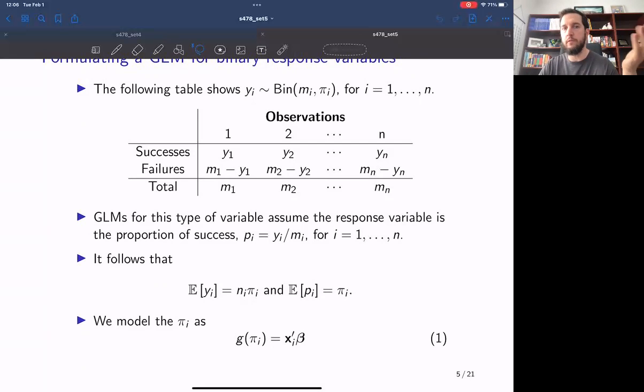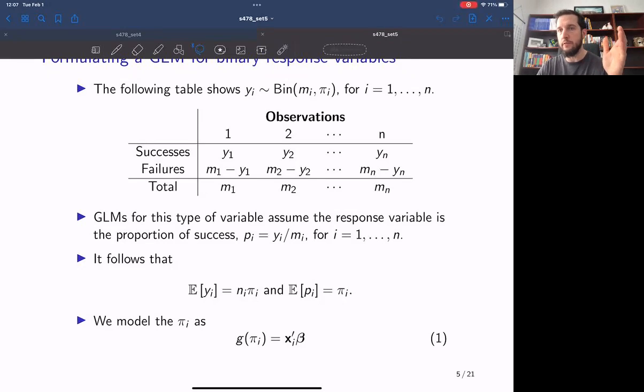Okay, so the total number of trials is equal to the successes plus the failures for each observation. So in our modeling framework, each observation is going to be a number of successes. It could also be a number of failures because we can find success from that. But basically, each observation is going to be the union of the number of successes and the number of failures.